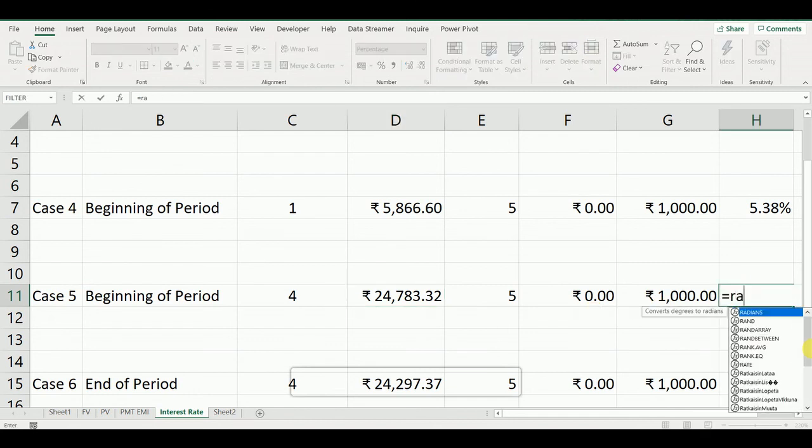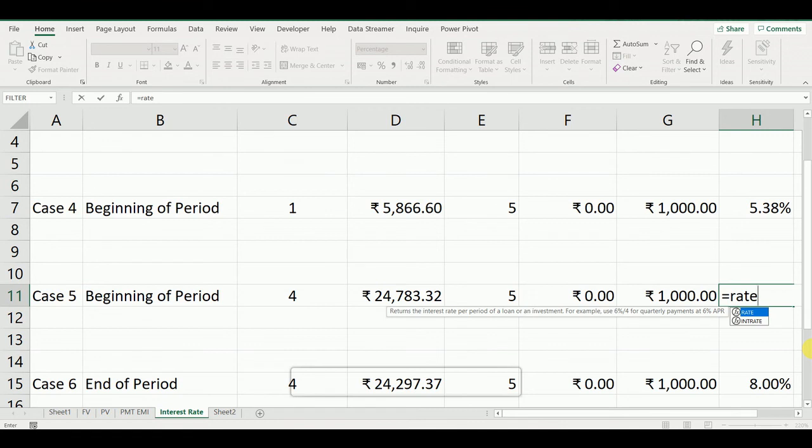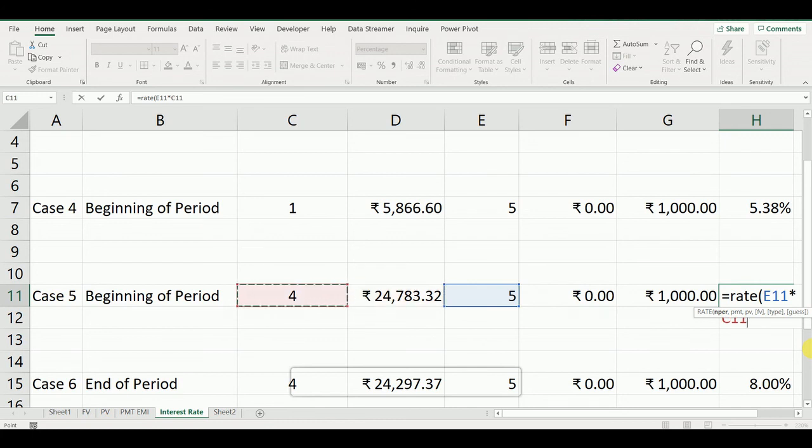So we will move to rate bracket, number of periods is this one, into quarterly, comma, PMT is 1,000, PV is nothing, and future value is 24,783, and we want to invest in beginning of the period.